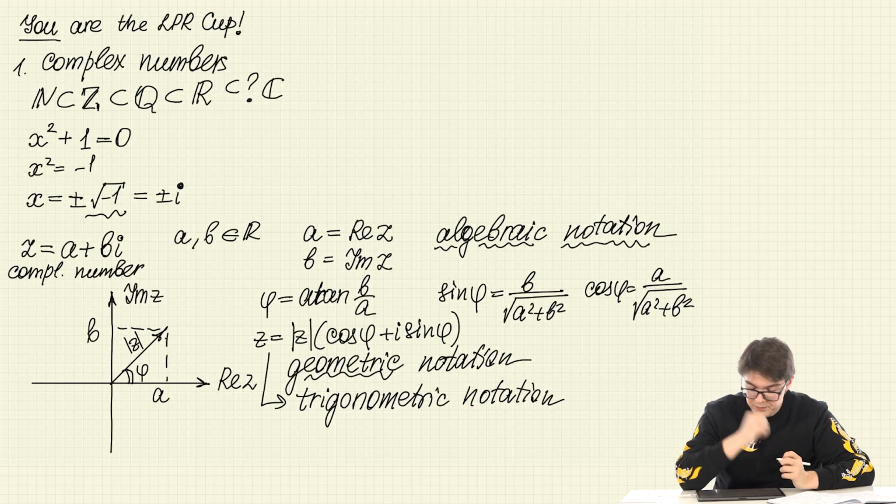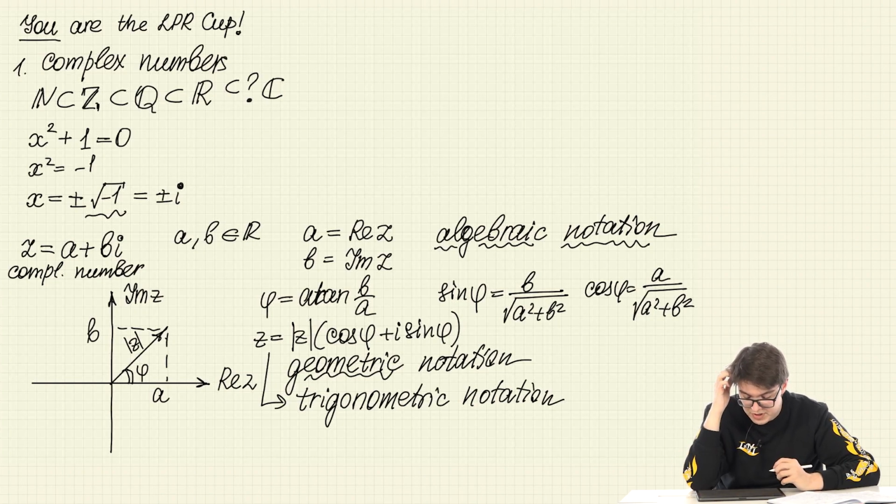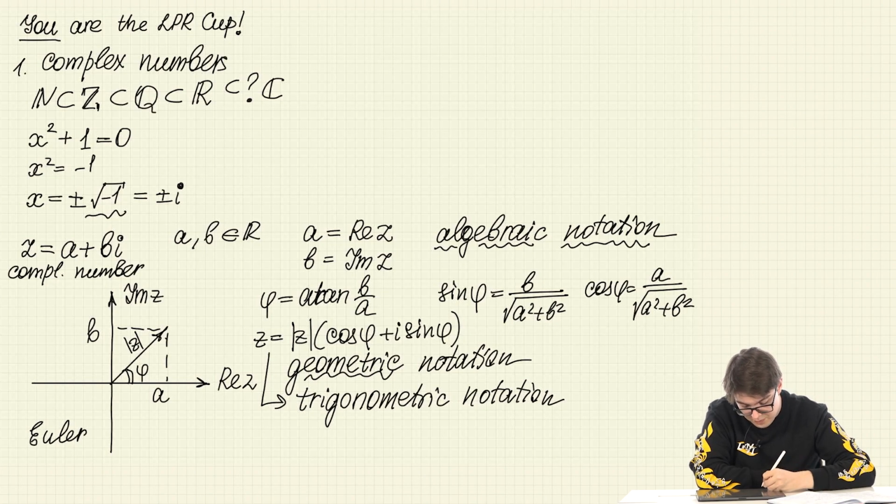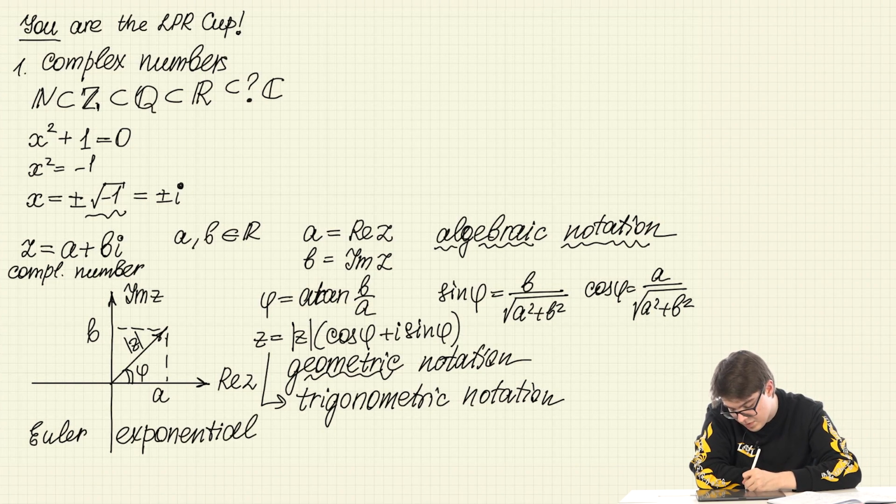And finally, one more representation which was found by Euler. This is the exponential form, or exponential notation, of a complex number.